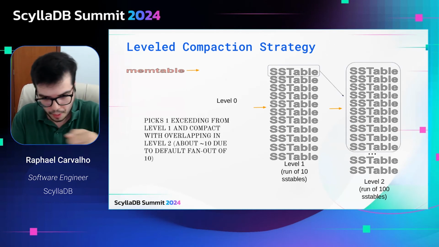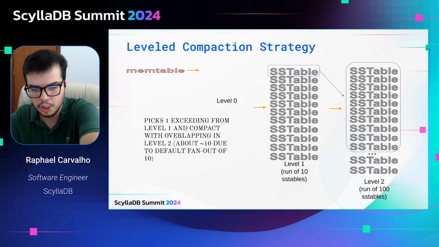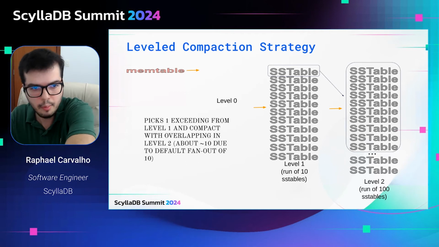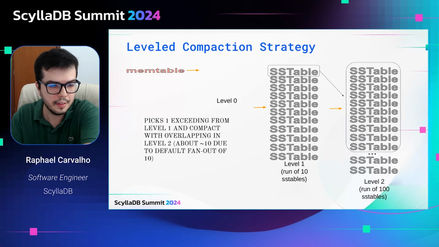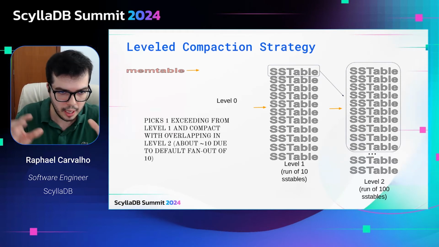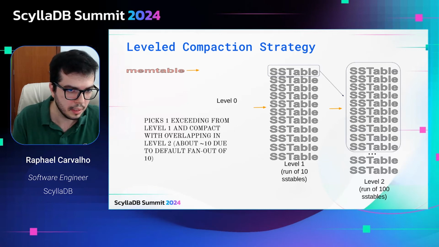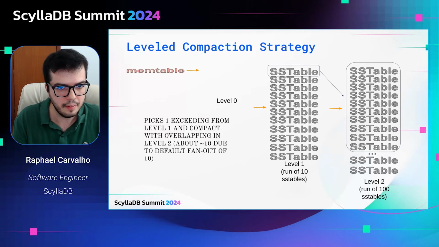As you can see, we always take data from the next level such that each level will not contain redundant data. So that's an invariant level compaction strategy tries to keep. It tries to maintain the fact that each level won't have redundant data.